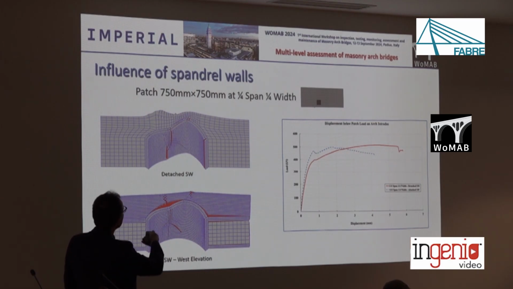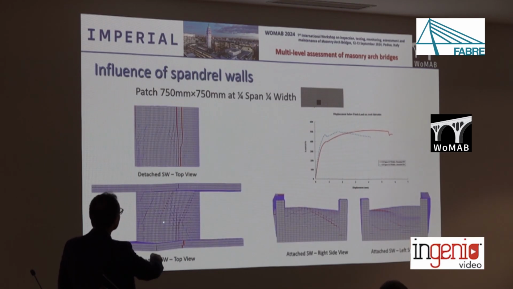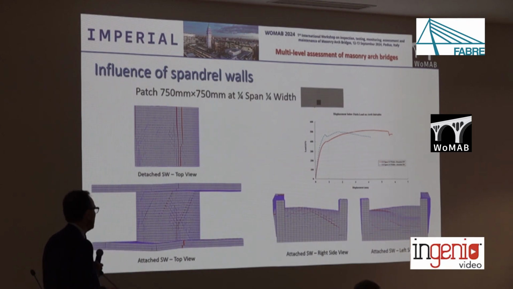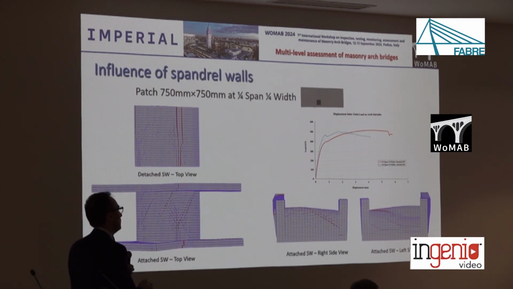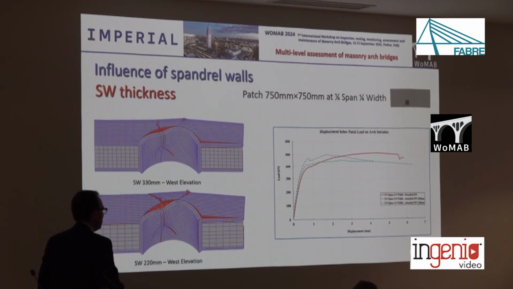So, and this is true also for other scenarios. You see the model with spandrel wall leads to a reduced capacity for this reason, because of the out-of-plane deformation and cracking of the spandrel wall, preventing this component from confining the backfill. And again, if you consider different geometries for the spandrel wall, a thinner spandrel wall, again, a reduced capacity. Why?